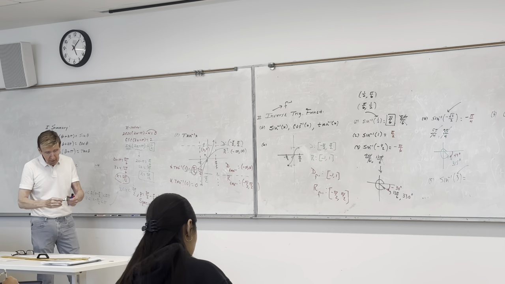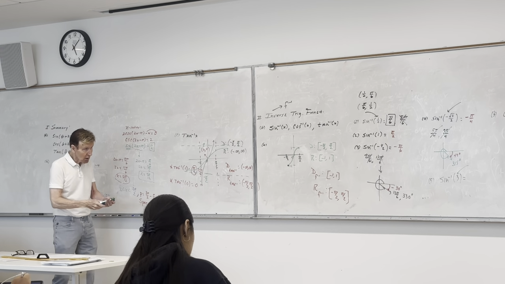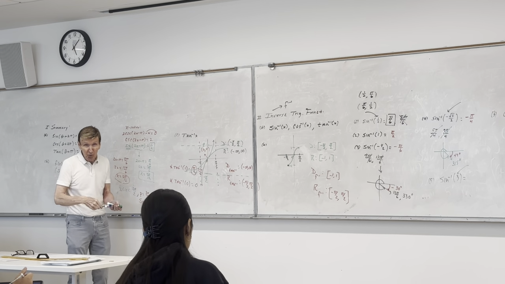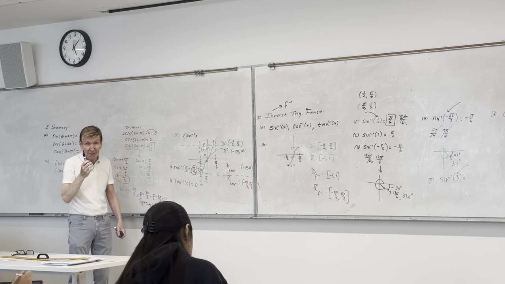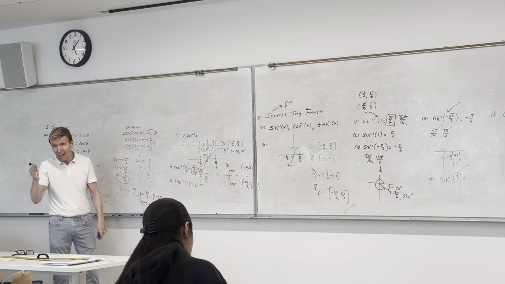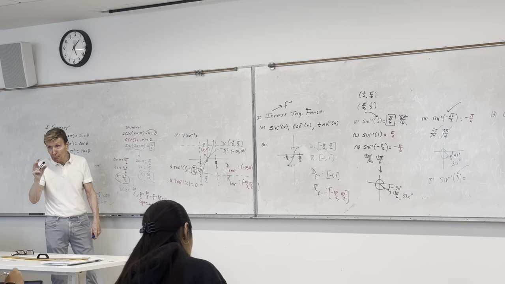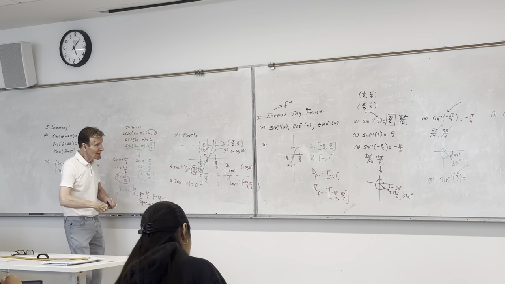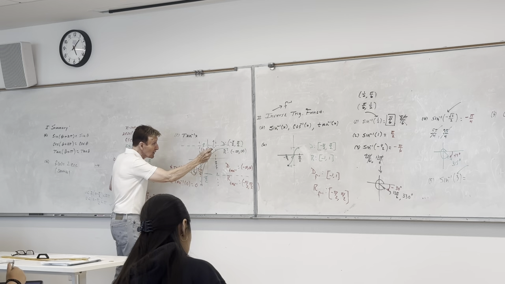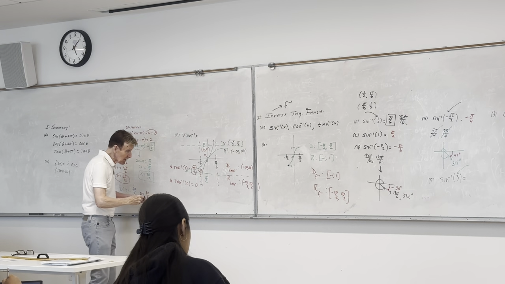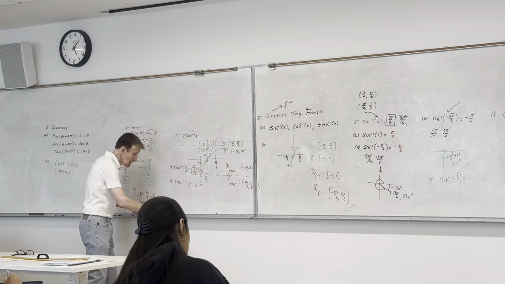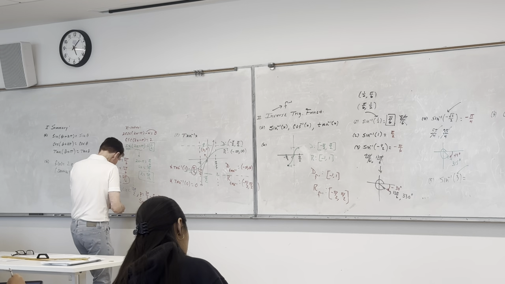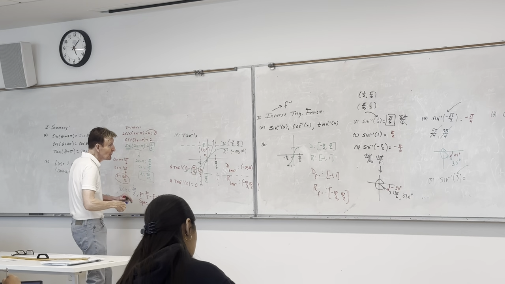Brianna, I love what you said. That was a mathematician there. She says, Professor, I think I remember when we first did these, there was something about y is equal to x. And when you did a composite, you're supposed to get x. Guess what? If you graph y is equal to x, let me do it in a different color here. Blue here.